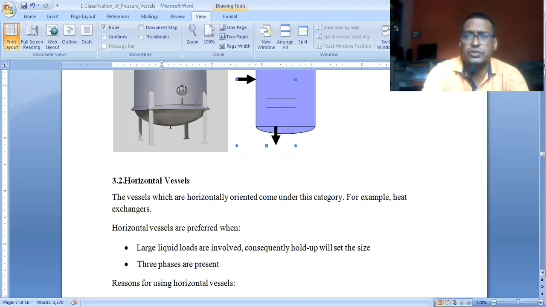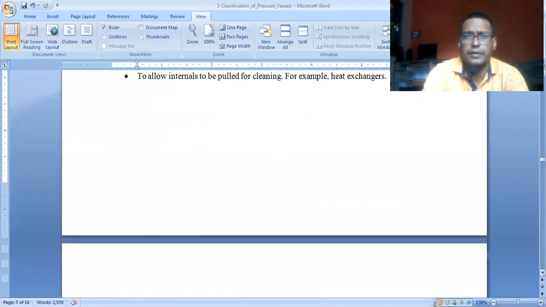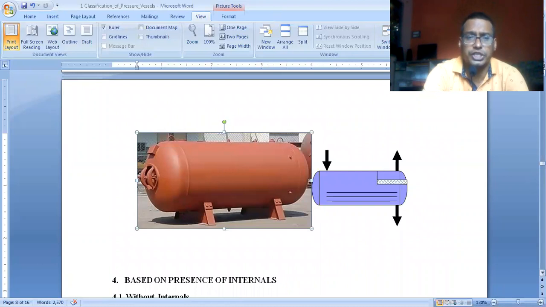For example, in the case of a distillation column heat exchanger, the heat exchanger can be horizontally placed as well as vertically placed. In the case of thermosiphon reboiling, vertical heat exchangers are preferred. However, mostly horizontal alignments are preferred for heat exchangers.